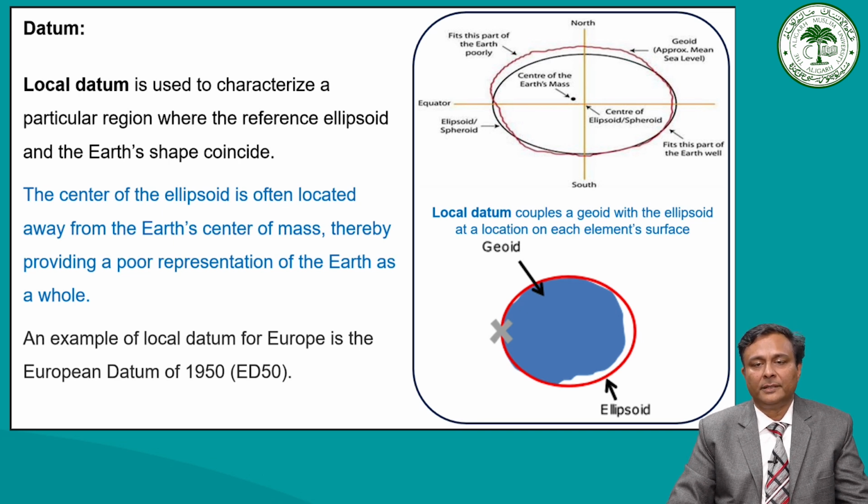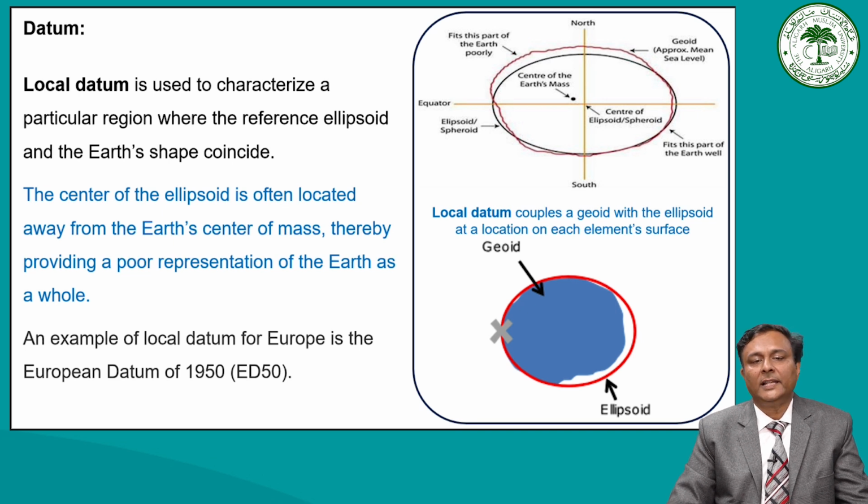You look into this diagram. It might appear as the same, but here the local datum couples a geoid with the ellipsoid at a location on each element's surface. Both these diagrams, the top one and the bottom one, are representing the local datum.